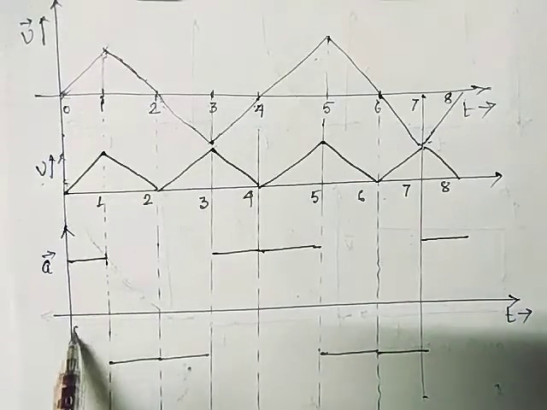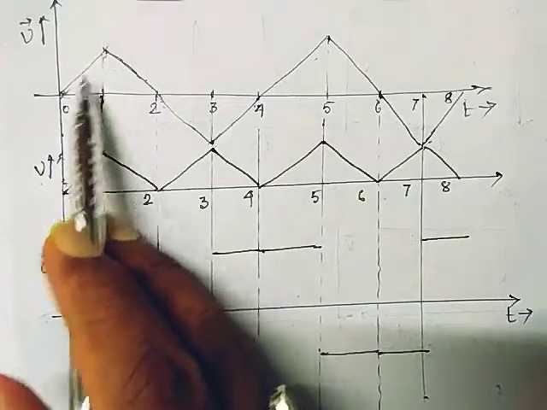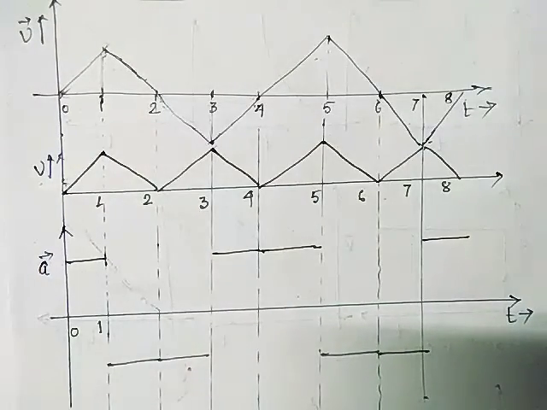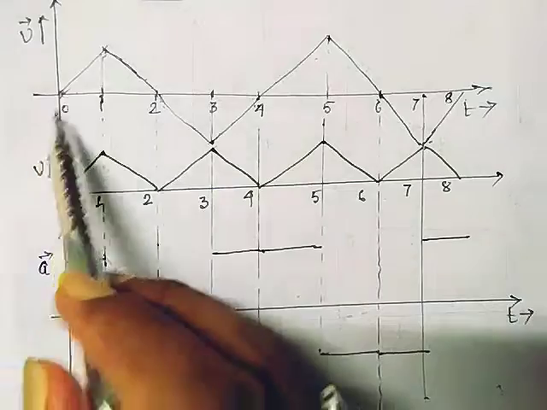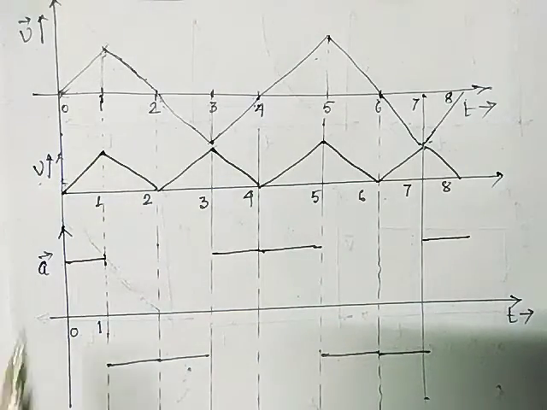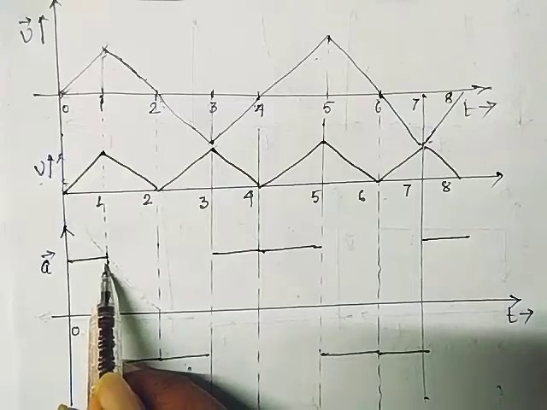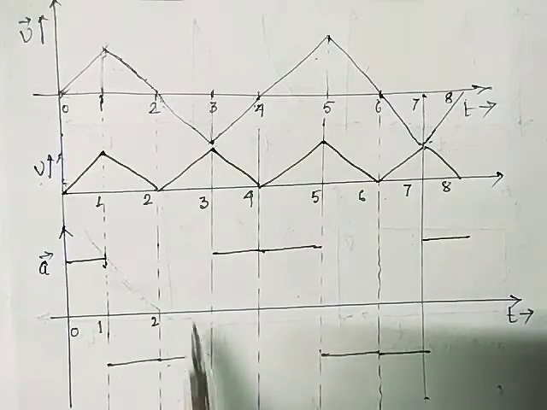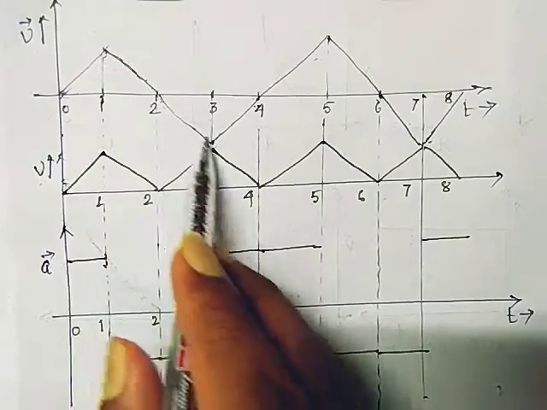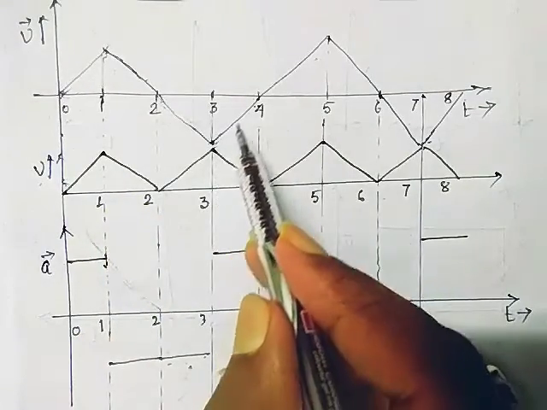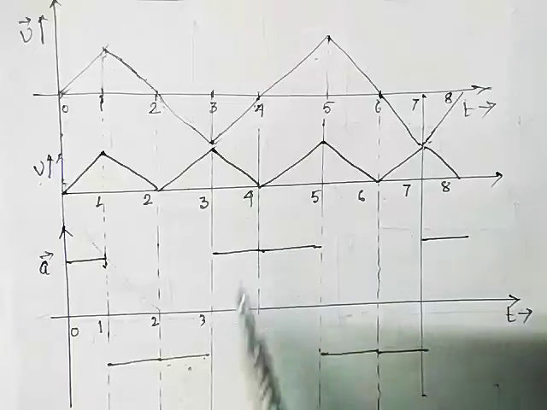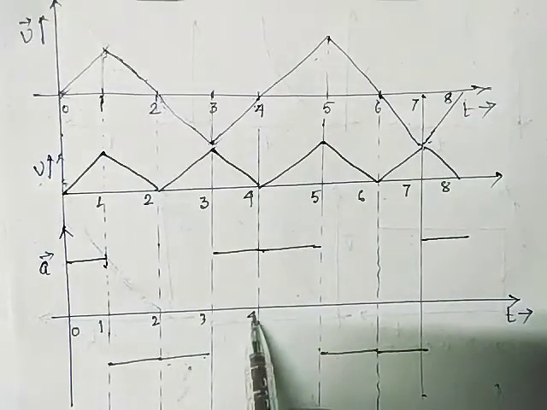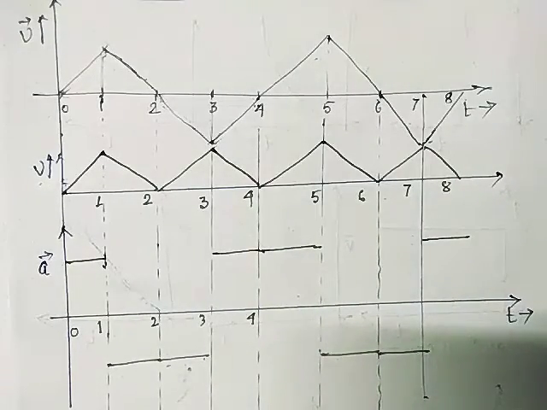So from 0 to 1 the slope is positive. It is constant, and the slope is linear, so all the time the slope is constant here. Constant and positive here, constant and negative up to 2, constant and negative up to 3, constant and positive, and positive means I am talking of the slope.